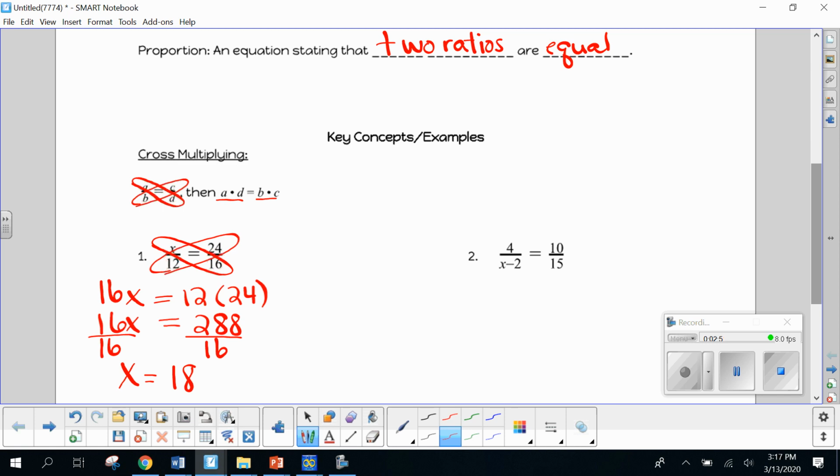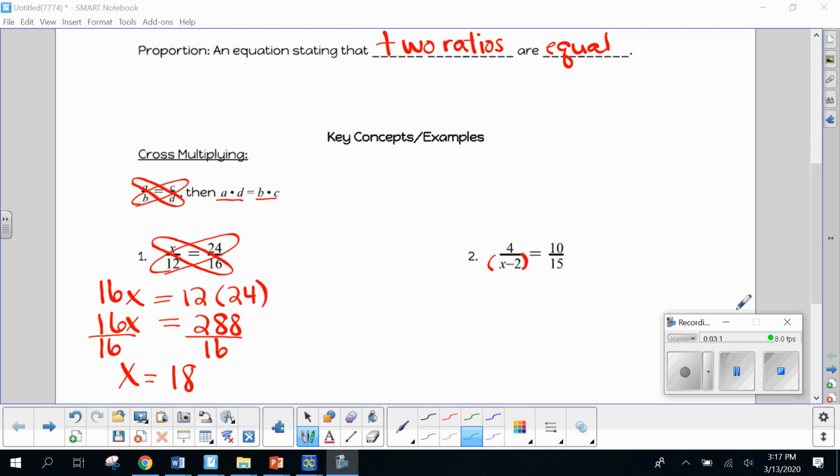Okay. Example number 2. Now example number 2 looks a little different. What you see down here is a binomial. When you have a binomial, make sure you put them in parentheses. And you'll see why in a minute. Now, again, this is a proportion, and you want to cross multiply.